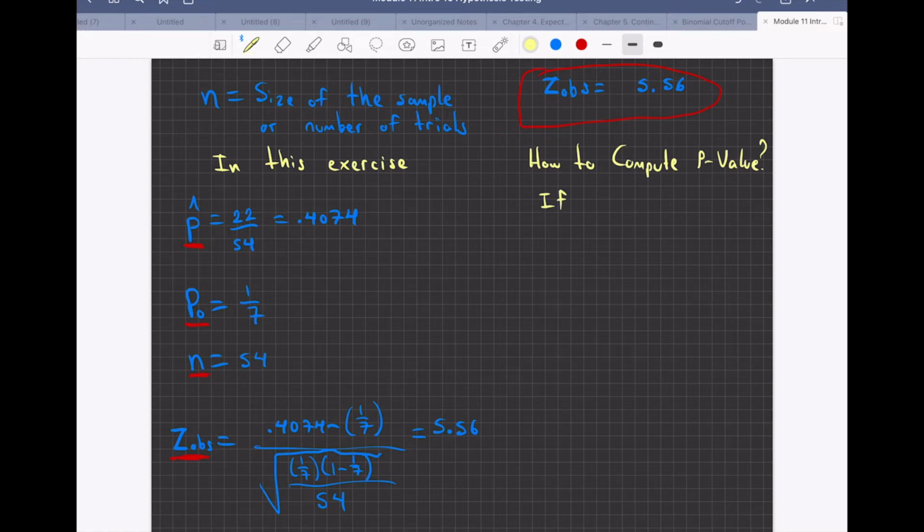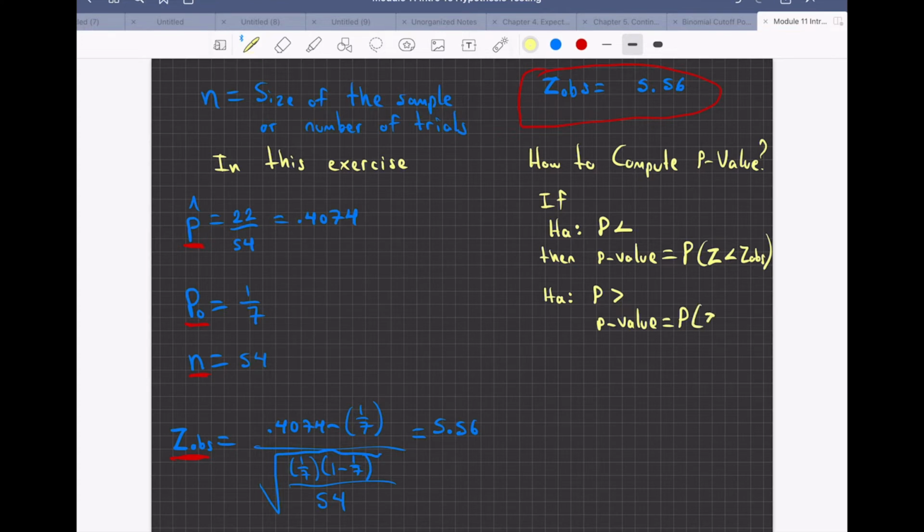If the alternative is p less, then the p-value is the probability that C is less than C observed. If the alternative is p greater, the p-value is the probability that C is greater than C observed.